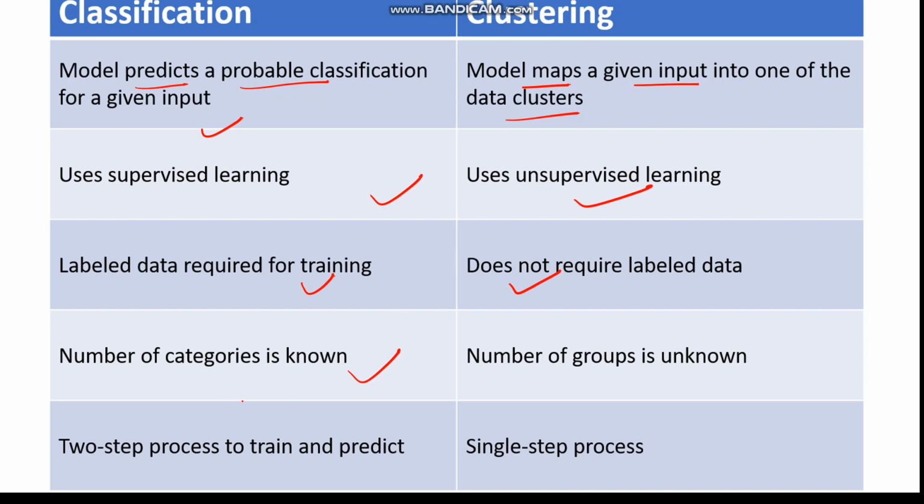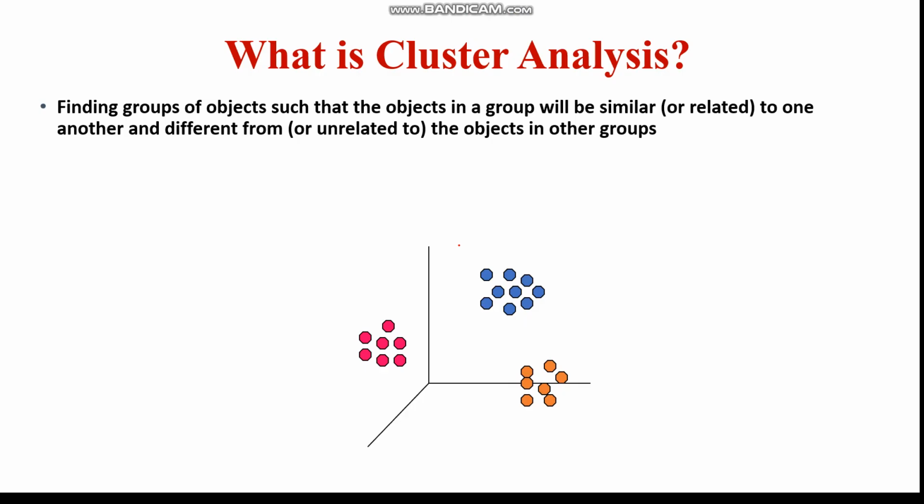Classification is a two-step process, to train the data and then prediction is done, whereas clustering is a single step process. We can also say that classification works on finding the differences, but clustering works on finding the similarities in the groups. So we have cluster analysis.